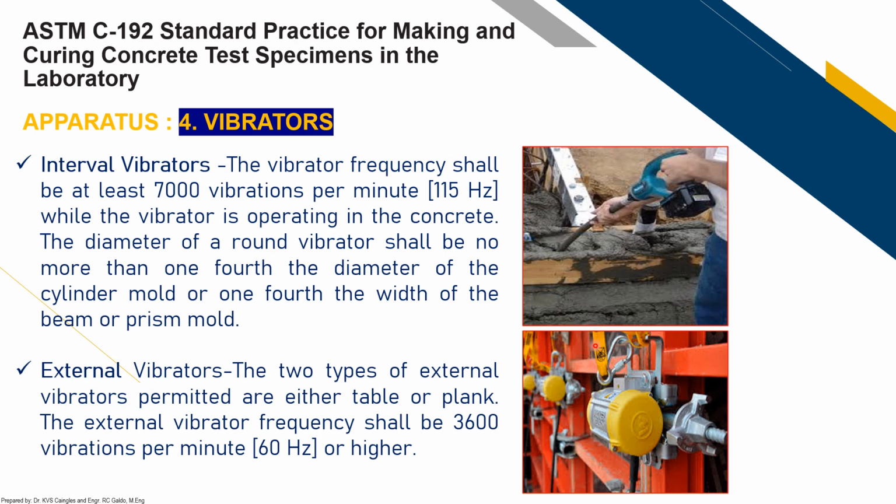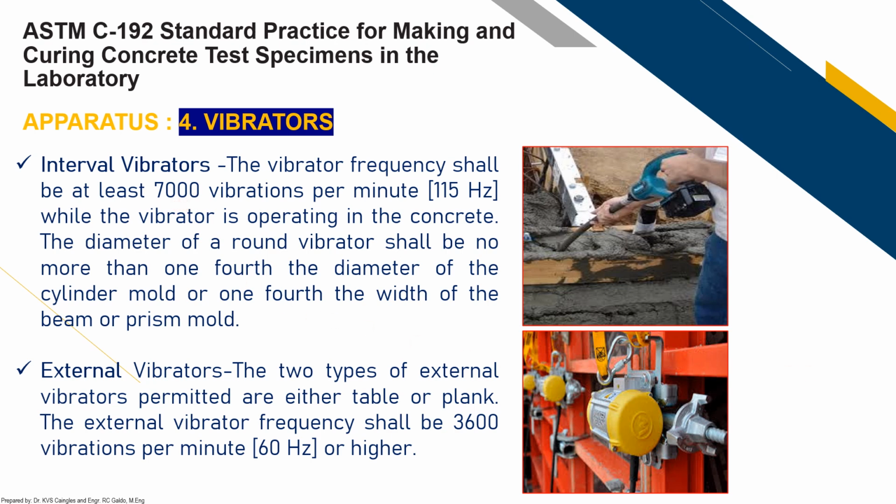And for external vibrators, 3,600 vibrations per minute lang ang iyahang frequency. So when you use external or internal vibrators for consolidation, kailangan nakasulod siya ani nga specification. If wala siya nakasulod ani nga specification, dili nimo siya pwede gamiton.